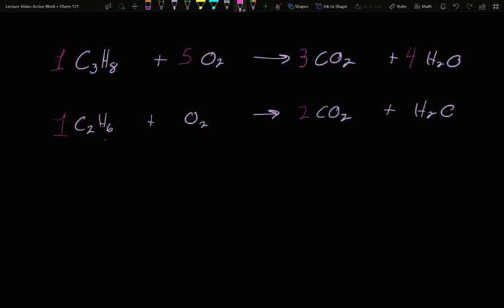It's going to give me 6 hydrogens, which would mean 2 times 3 will give me 6 hydrogens over my products. But if I go to do my oxygens here, well, 2 times 2 for 4 oxygens from carbon dioxide, 3 times 1 for 3 oxygen for a total of 7 oxygen.